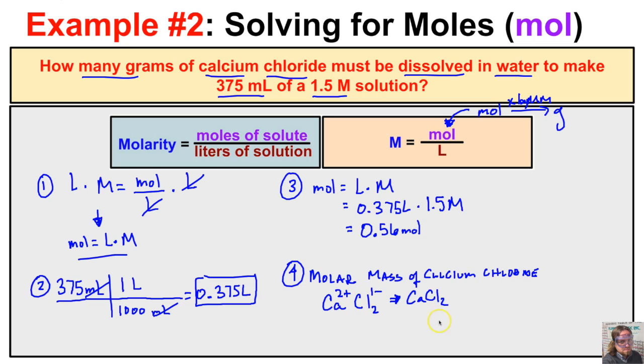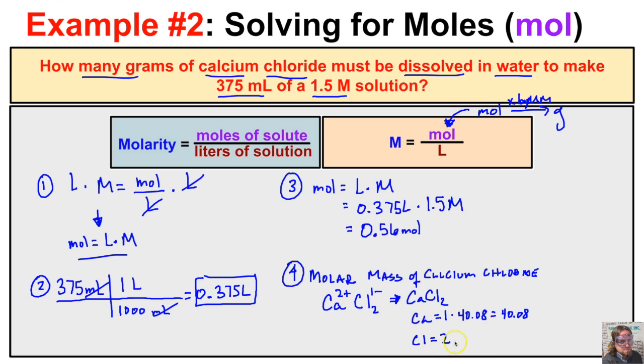And so now if we pull out a periodic table of elements, we can see that calcium and chlorine make up calcium chloride. We can see also from the chemical formula there's 1 calcium and 2 chlorines. And if we take a look at our periodic table of elements, we'll see that the molar mass of calcium is 40.08 grams per mole.